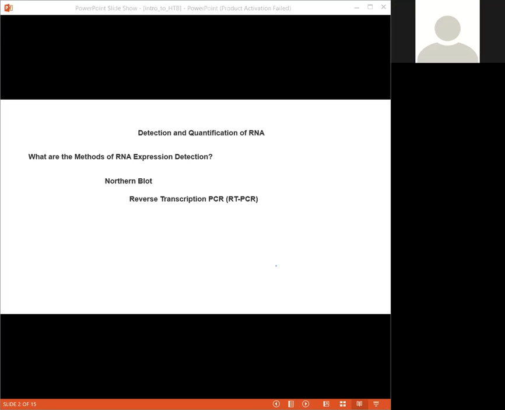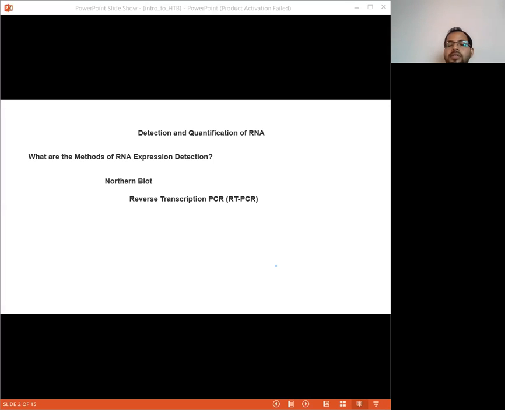DNA is more stable than RNA, and working with RNA is very difficult. And PCR requires two primers, which will synthesize the target DNA in both strands. So in case of RNA, there will be some problem in doing that. So that is reverse transcription PCR, or RT-PCR, using reverse transcriptase.